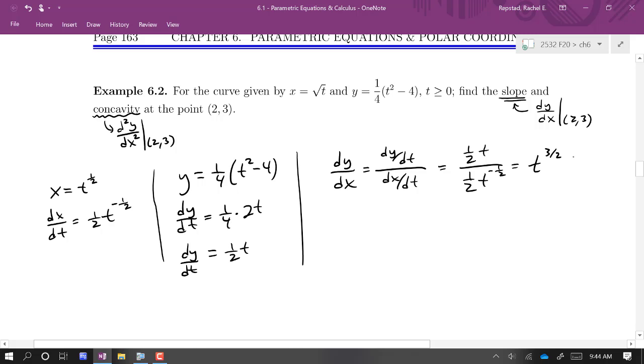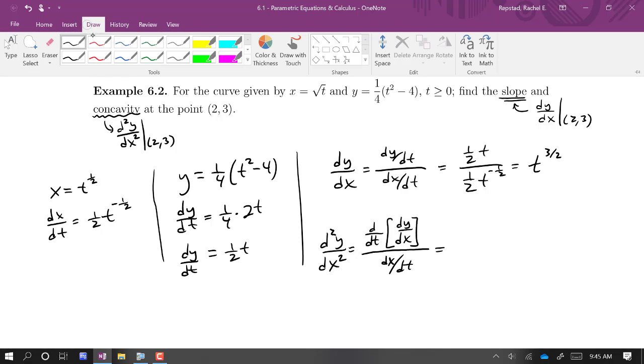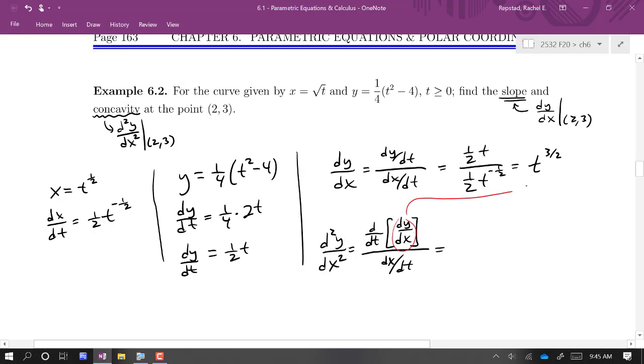All right. Now, to find the second derivative with respect to x, we're going to differentiate with respect to t, dy/dx over dx/dt. So dy/dx, that's this.